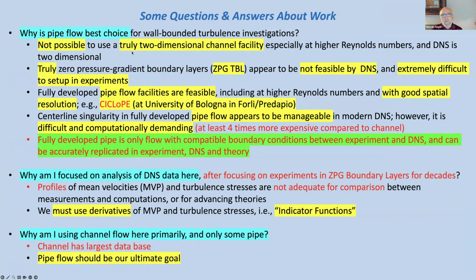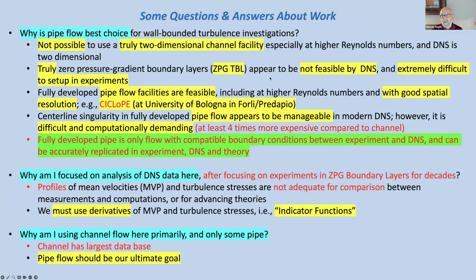It is not possible to have a truly two-dimensional channel facility, channel experiment. And to do DNS for span-wise periodic channels is a headache by itself. And it's not going to match the experiment because the channels develop in length and they develop side to side.